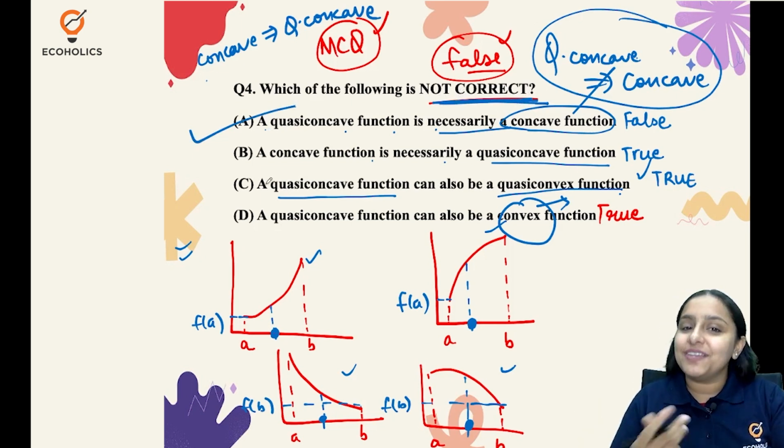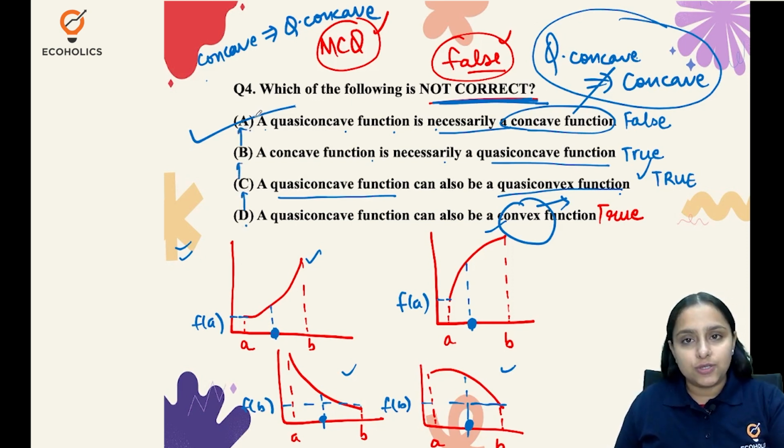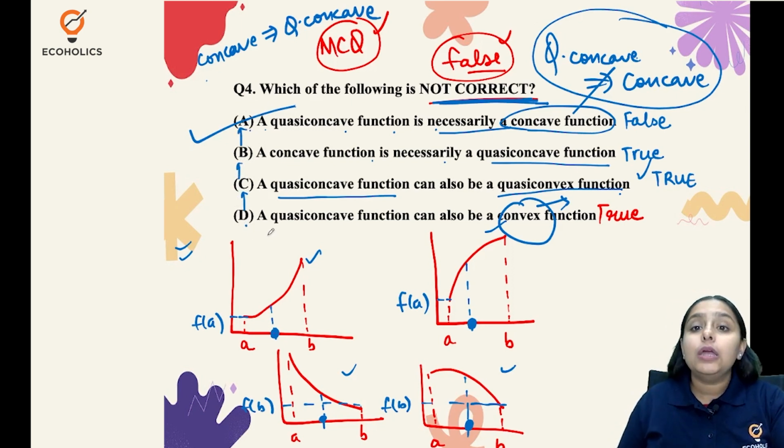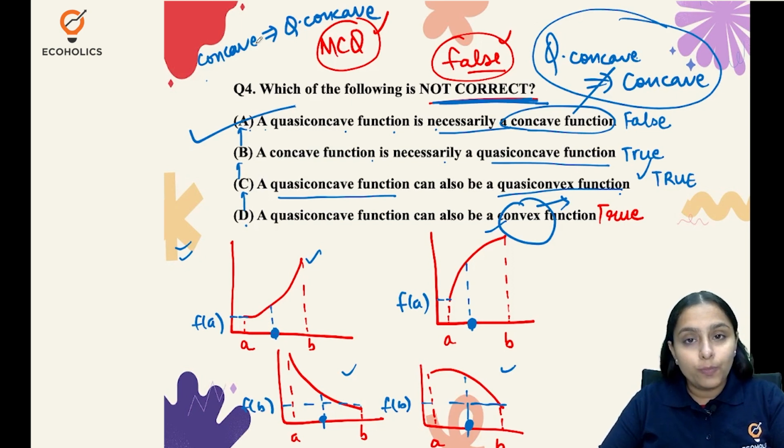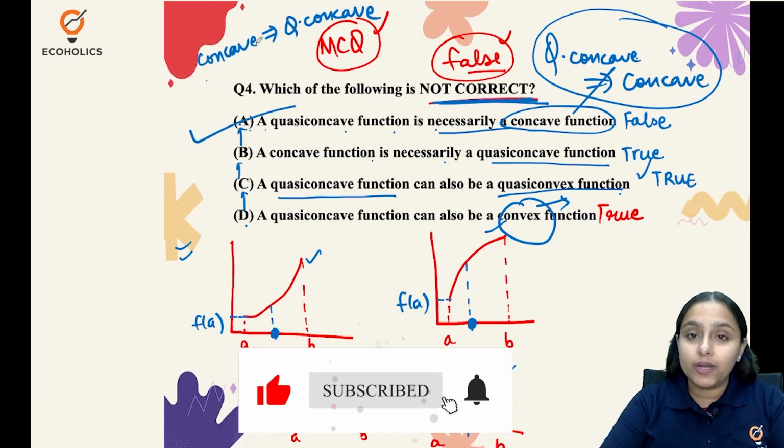There was a reason why I began from D to C to B to A, because this was the procedure of learning about the properties of quasi-concave or quasi-convex functions. I wanted to teach you about these properties. That is why I started from the later ones. I hope this will be useful for you. You have learned something important here.